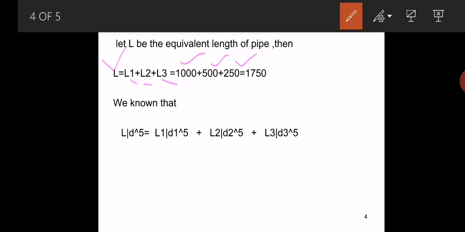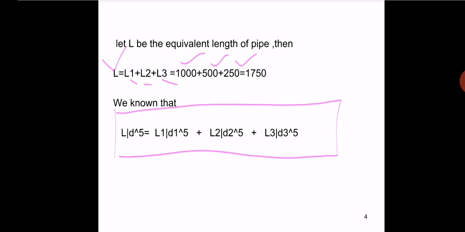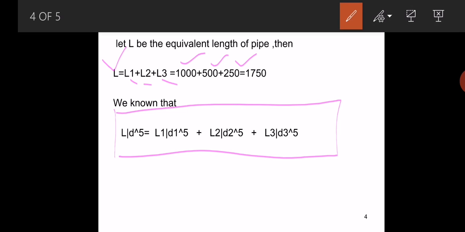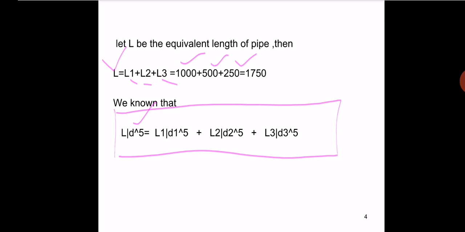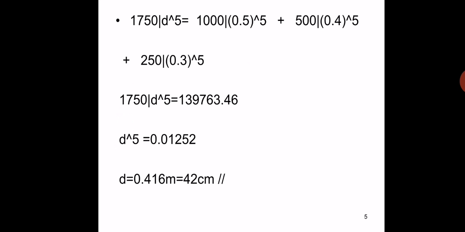So we know the equation for the equivalent length of a pipe: L by D to the power 5 is equal to L1 by D1 to the power 5 plus L2 by D2 to the power 5 plus L3 by D3 to the power 5. Here we have to calculate the D value. So we should substitute the above values in this formula.